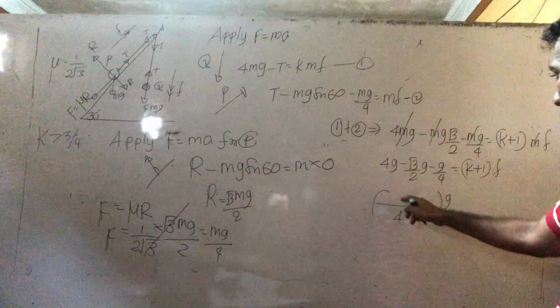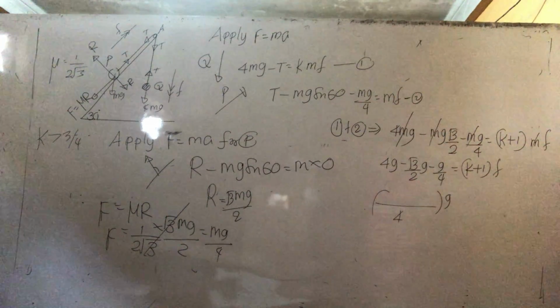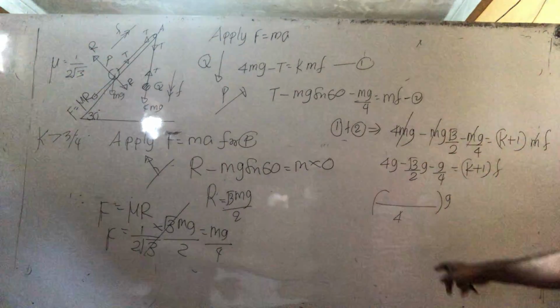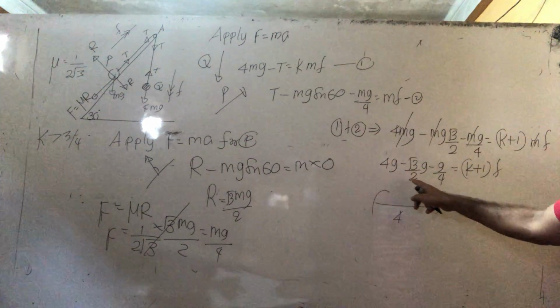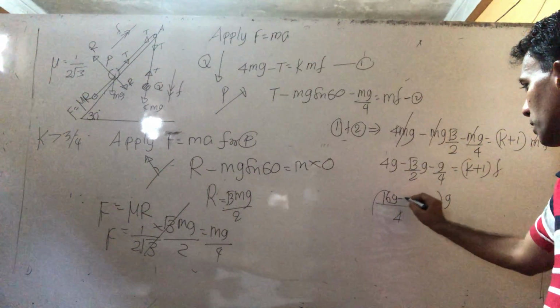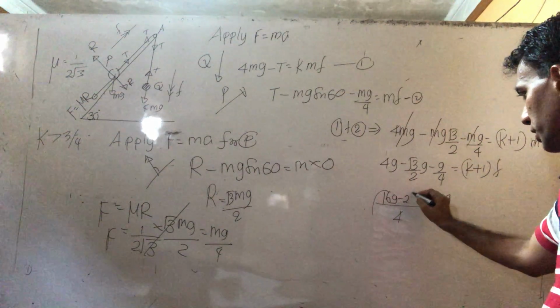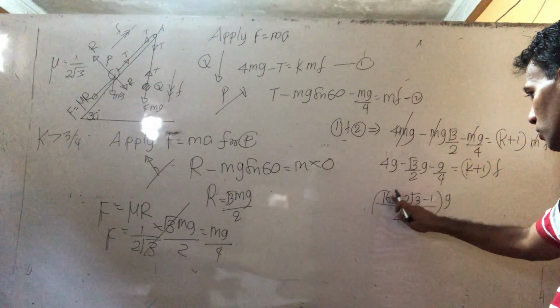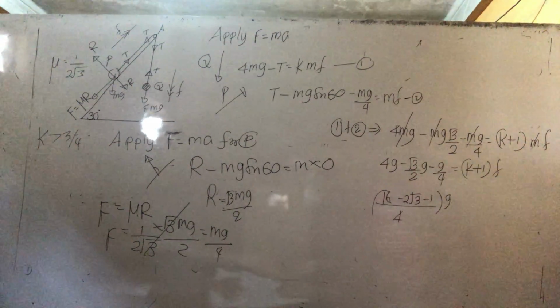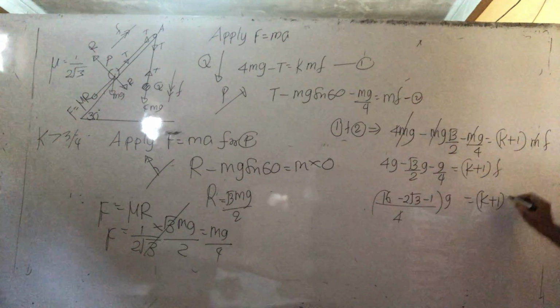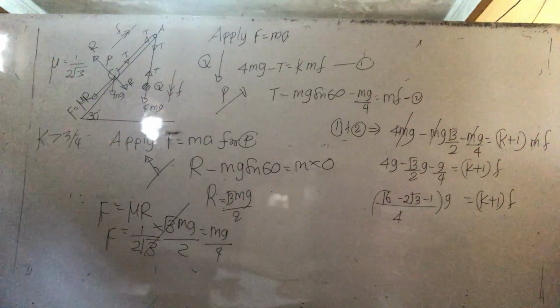Here 4, 16 minus 15, g, here 2 root 3 minus 1, g is out, equals k plus 1. Is it okay? Somewhere something is missing in the 16.